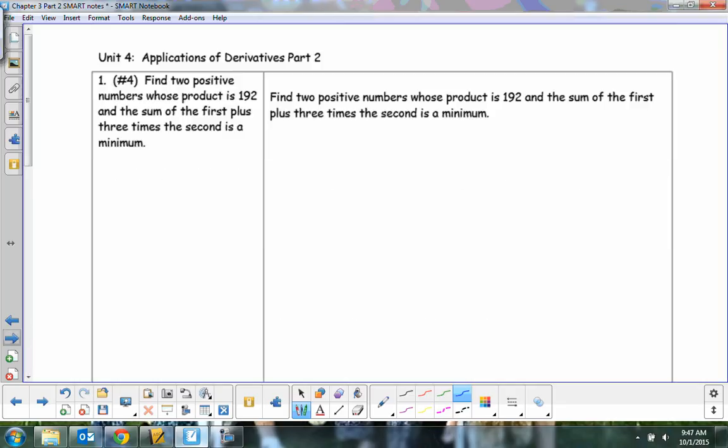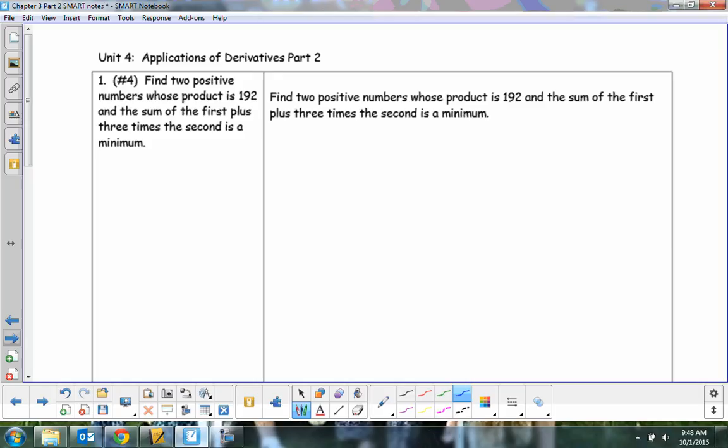Okay, so let's look at this first one. This is the easy one, okay? This is the basic one. Find two positive numbers whose product is 192, and the sum of the first plus 3 times the second is a minimum.